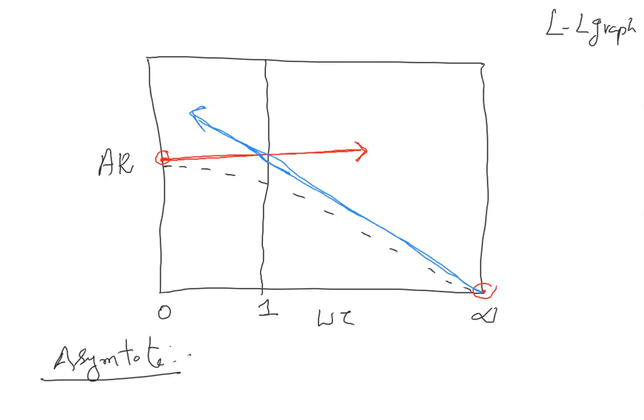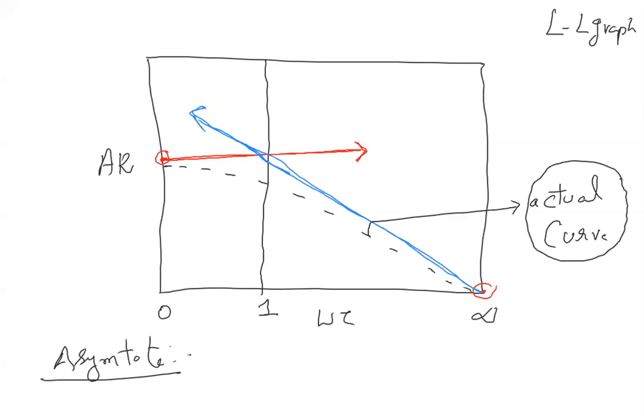This is the actual curve. So you have two asymptotes.